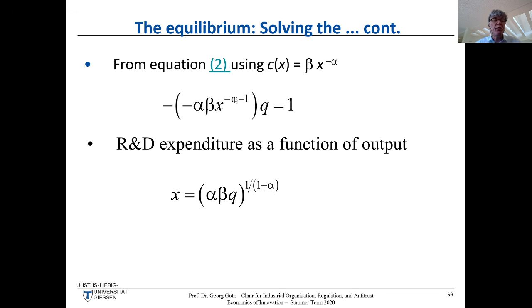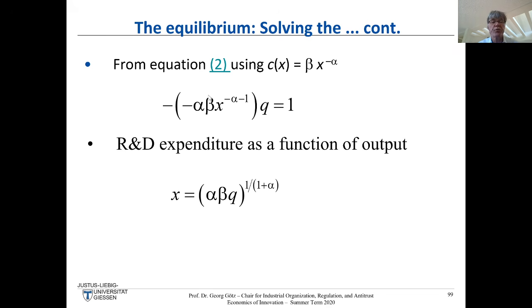And if this is a high value, of course, your R&D is very productive, and this gives you an incentive to invest more. The beta is another point here. Beta is also called the parameter measuring technological opportunity. This is a kind of strange terminology, but you see the larger beta is, the higher the cost level is to begin with. If you start with a very high cost level, say 1,000 euro per unit, you have a high potential for reducing costs.